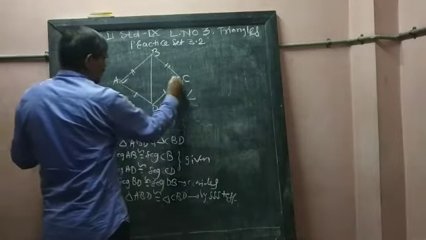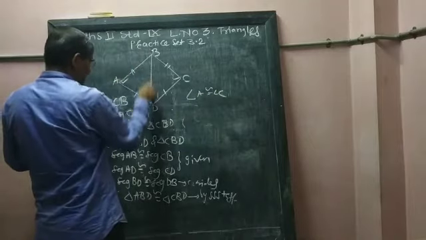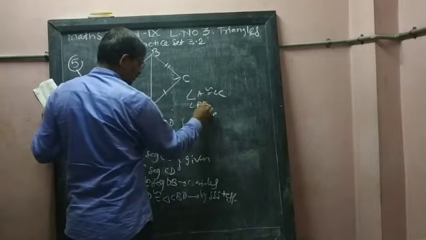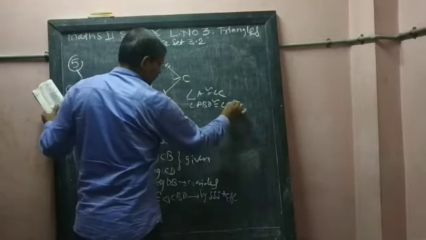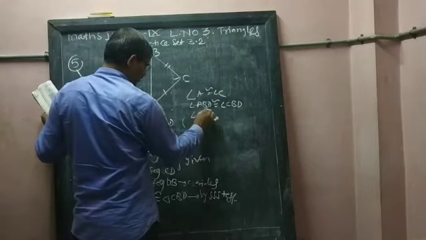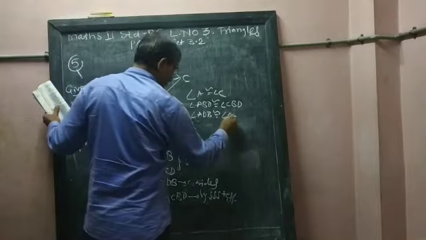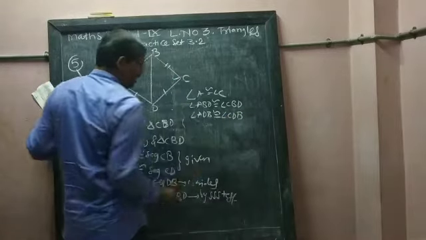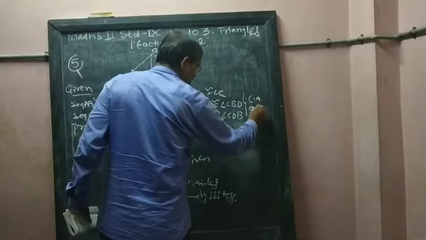Angle A congruent angle C, angle ABD congruent angle CBD, angle ADB congruent angle CDB. What will you write here? Corresponding angles of congruent triangles.